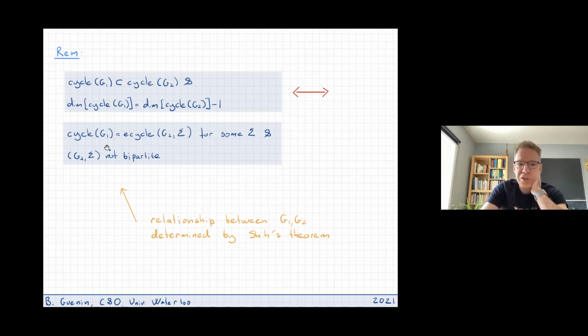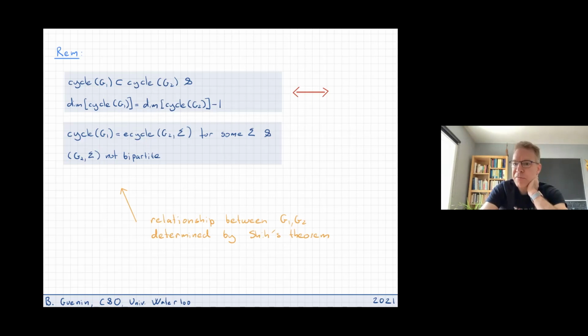Every cycle of G1 is an even cycle of G2 sigma, right? So in particular, it's a cycle of G2. So I certainly have the condition that cycles of G1 is a subset of cycles of G2, right? And you notice that I need to impose that G2 sigma is not bipartite, because otherwise the even cycles of G2 sigma would just be the set of all cycles, right?